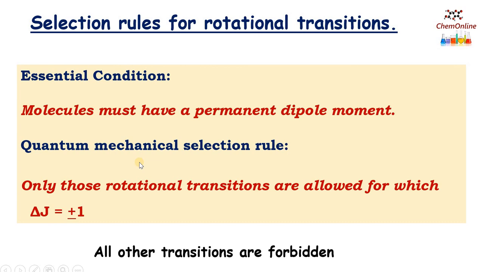The second one is the selection rule based on quantum mechanics, which states that only those rotational transitions are quantum mechanically allowed for which delta J equals plus or minus 1, where delta J is the change in the rotational quantum number. J can change by only 1 unit. Plus sign denotes an upward transition by absorption of energy, and minus sign denotes the downward transition by emission of energy. So delta J equals plus or minus 1, and all other transitions are forbidden.